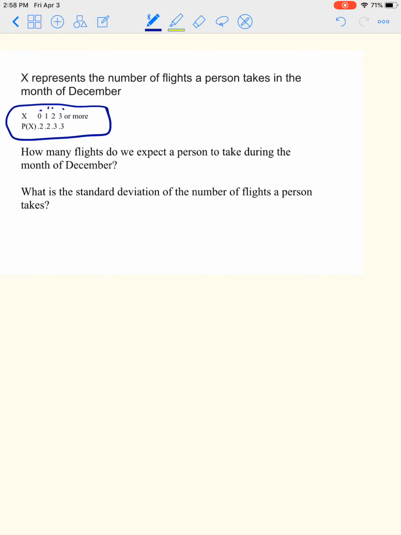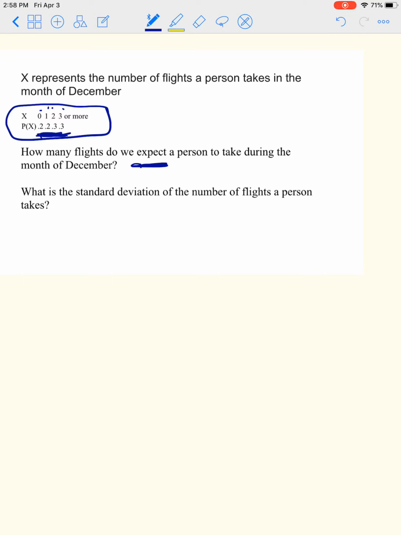I decided to put 3 or more together. And the probabilities that go with them are right below. So we can't just add them up and divide by 4 to find the average, because the probabilities are all different. So let's find the expected number of flights a person would take in December.